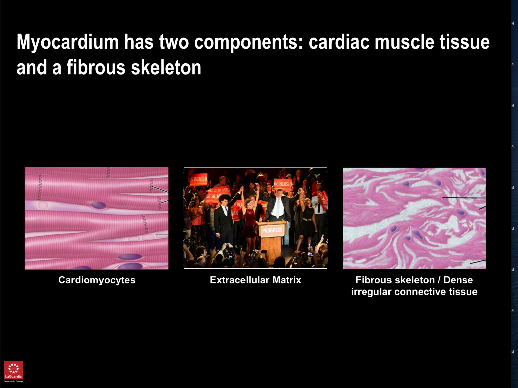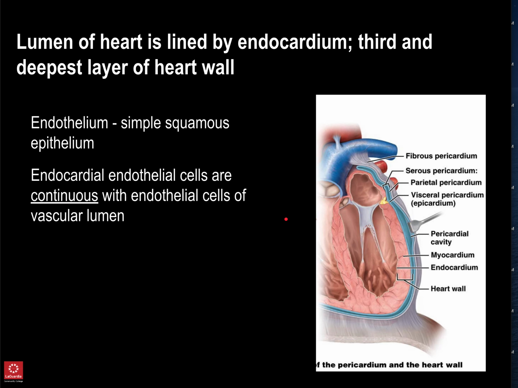Then we have the myocardium. It has two components: the cardiac muscle tissue and a fibrous skeleton. So it consists of the cardiomyocytes, the extracellular matrix, of course, and the fibrous skeleton of dense irregular connective tissue. And the lumen of the heart is lined by the endocardium, and you can see that layer right here.